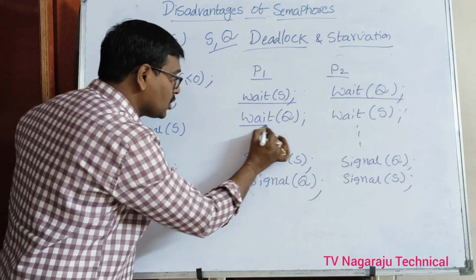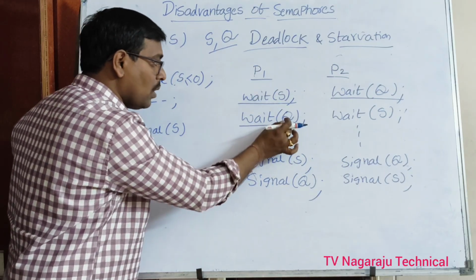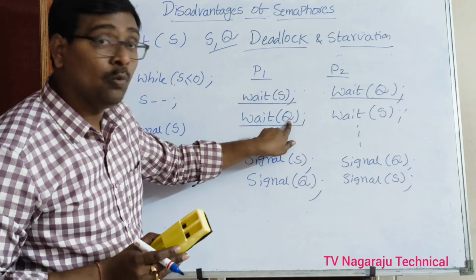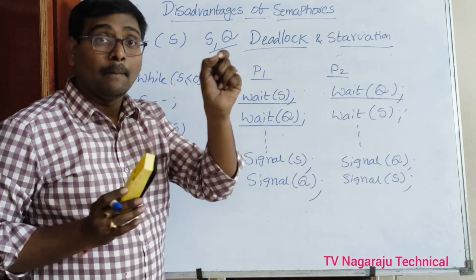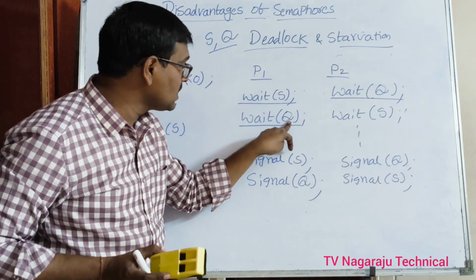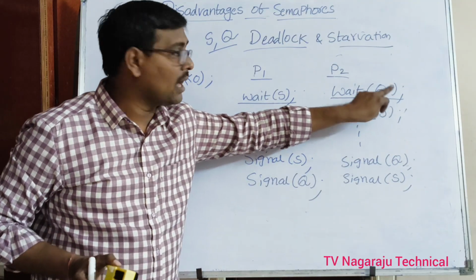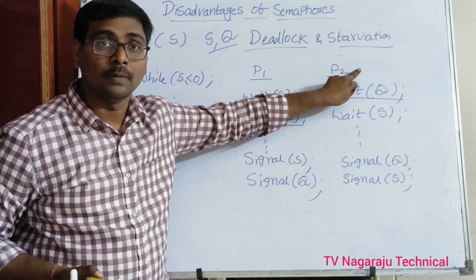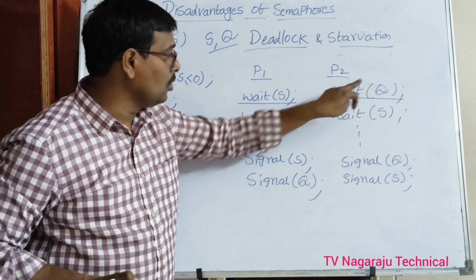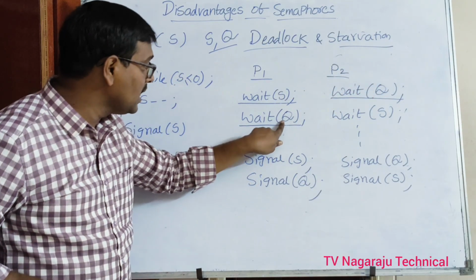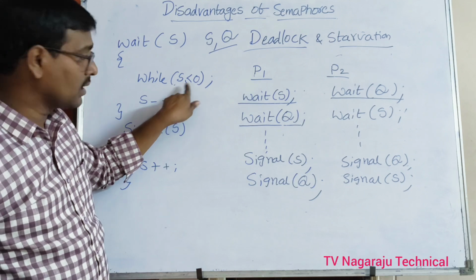Now, in the next step, process P1 wants semaphore Q. But the thing is, this semaphore is already used by process P2. The semaphore Q is already used by process P2. That means it is in that loop. You got the point?